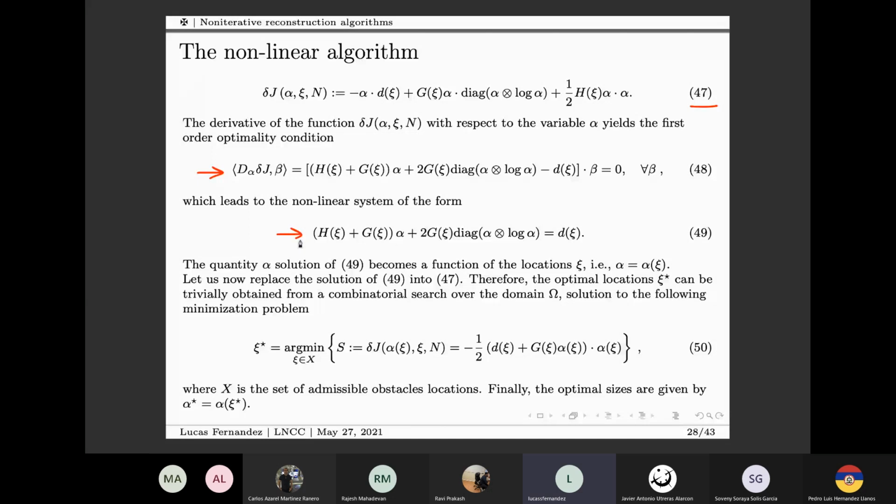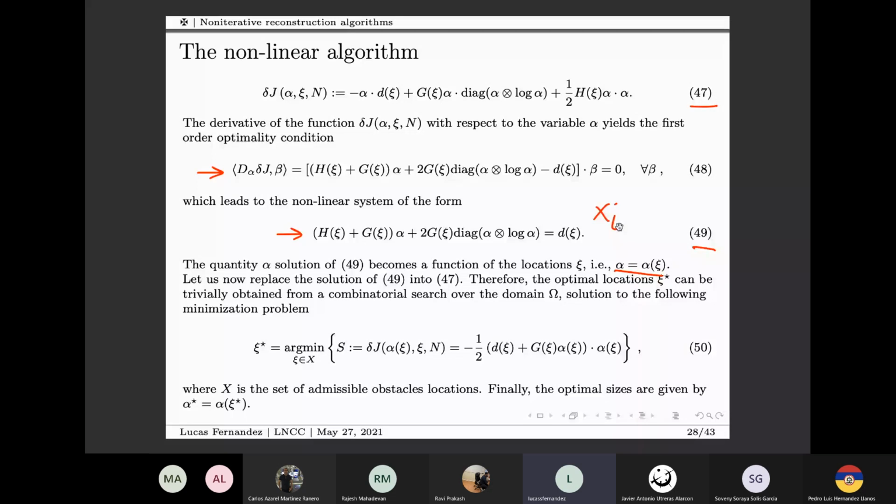So we solve this nonlinear system of equations using Newton's method, and the quantity alpha, solution of 49, becomes a function dependent on the center psi of the obstacle. So in other words, we solve equation 49 for a specific point of the domain omega, right?